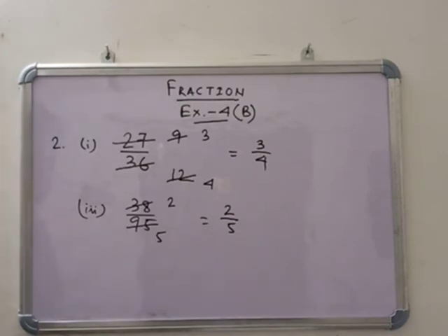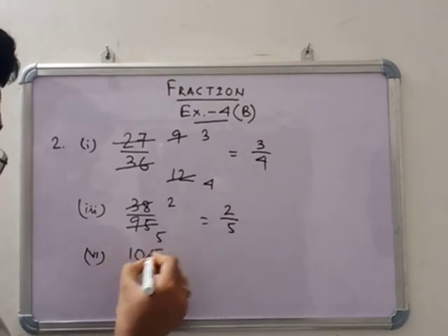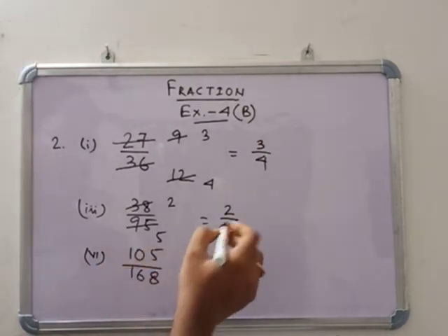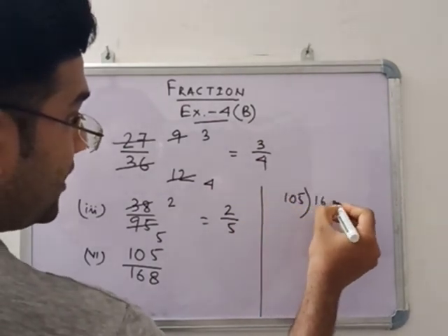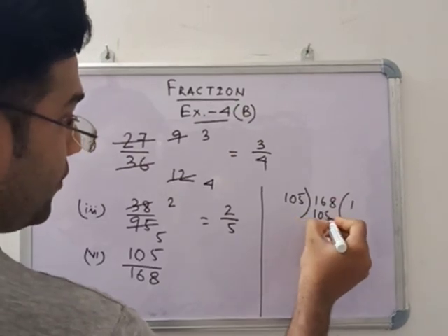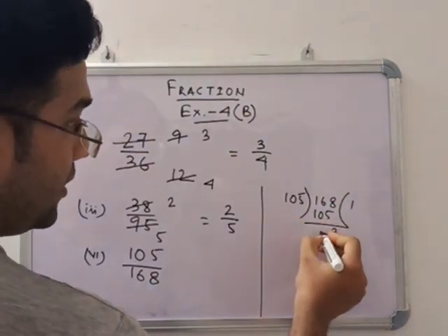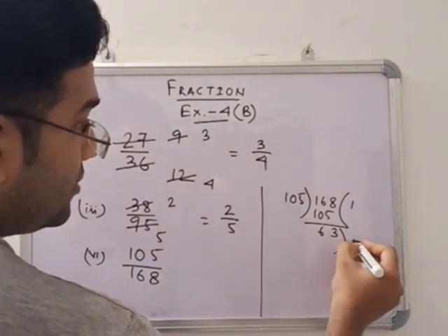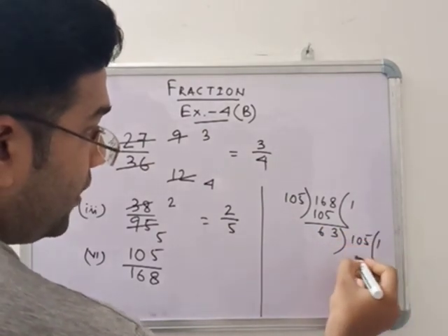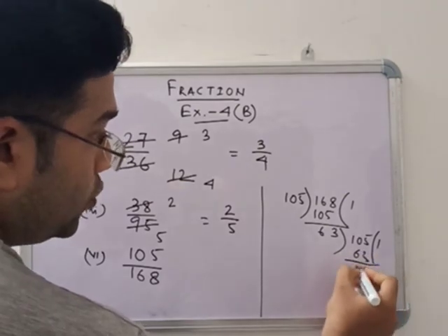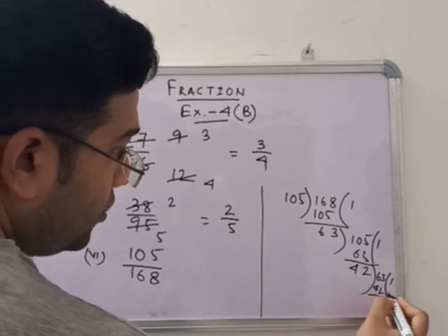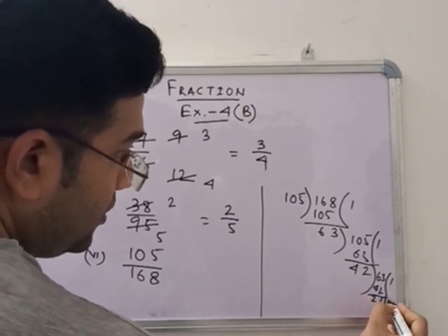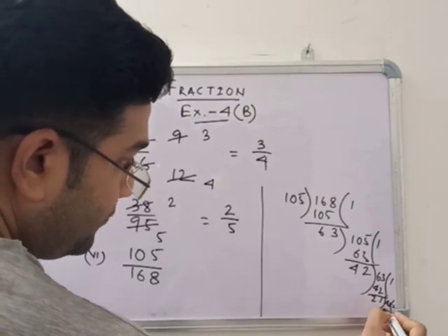Now in number 6, 105 by 168. Now I am dividing this. 168 divided by 105 leaves 63. Then 105 divided by 63 leaves 42. Then 63 divided by 42 leaves 21. Then 42 divided by 21 is 2, so it matches.